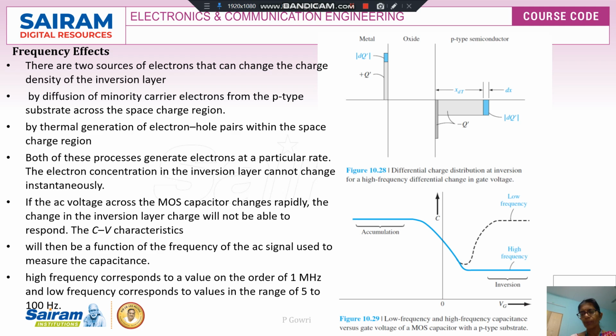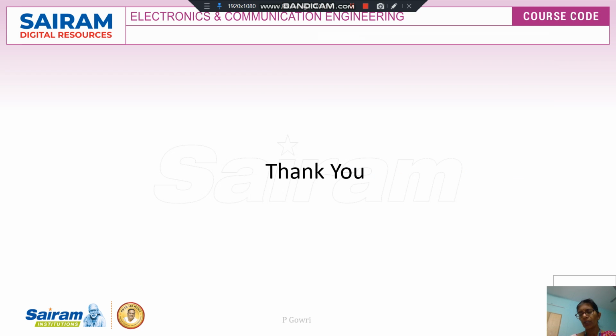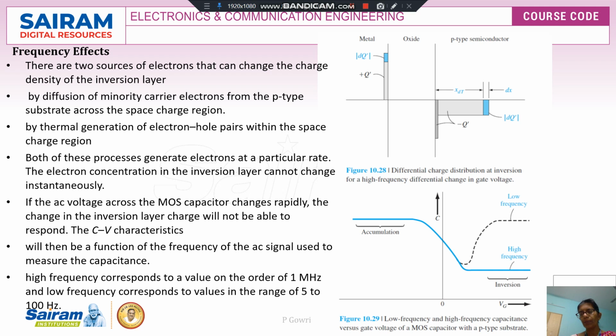The bottom graph gives the variation of the capacitance with the voltage for high frequency as well as low frequency. High frequency corresponds to a value of the order of 1 megahertz, and low frequency corresponds to a range of 5 to 100 hertz. At high frequency, the inversion will not happen immediately.